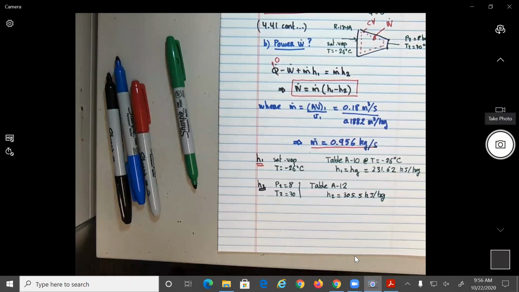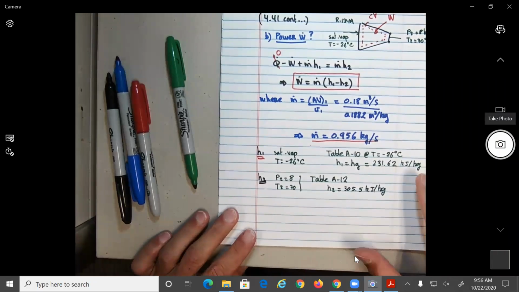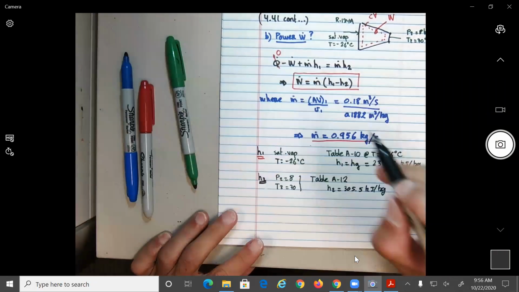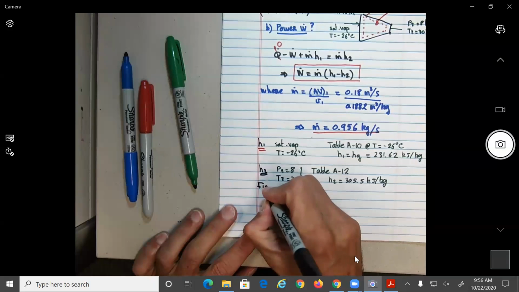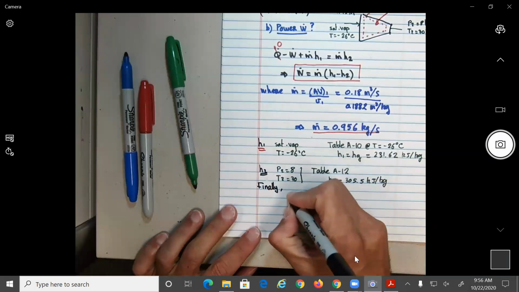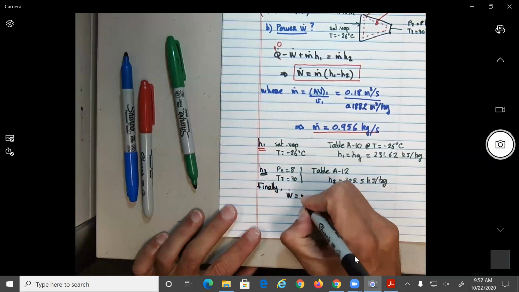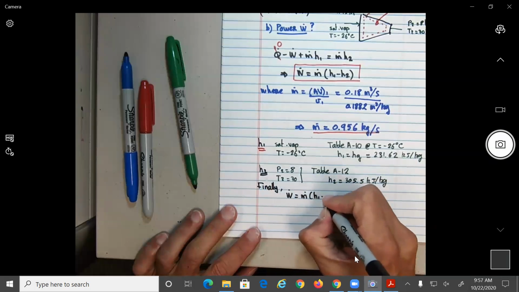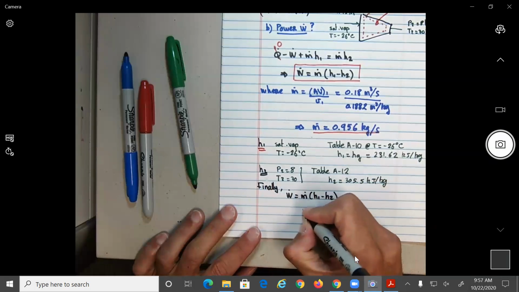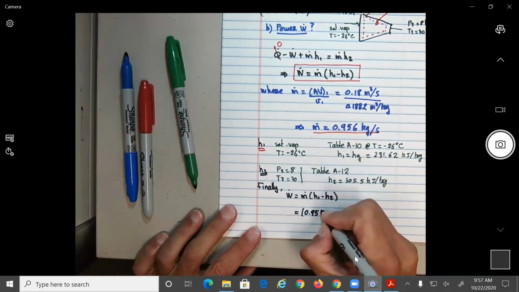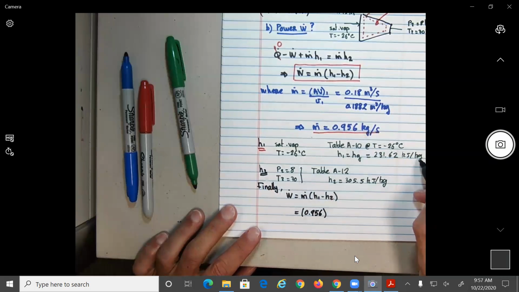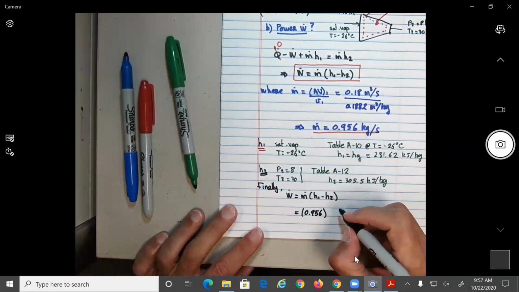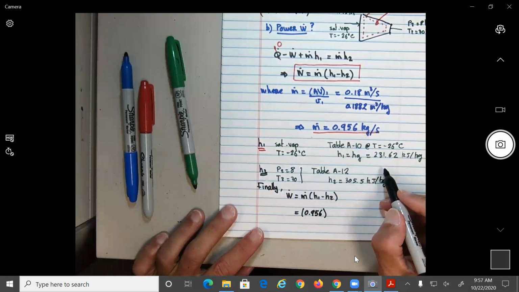So basically now we have all the information that we need in order to do the numerical application. So finally, the power equal to m dot h1 minus h2 will be equal to 0.956 times, the units are good, kilograms per second. This is kilojoules per kilogram. So we ended up having kilojoules per second, which is a what, no?